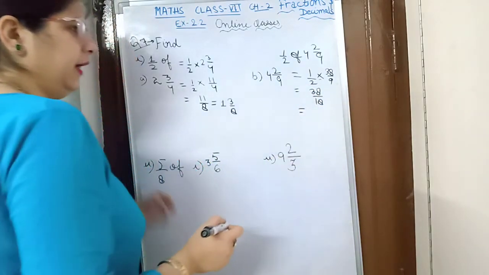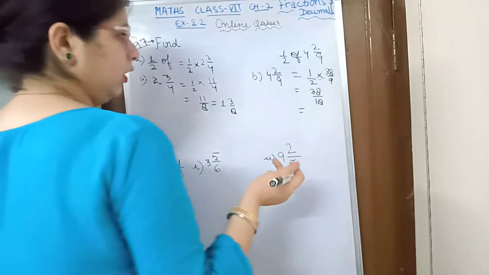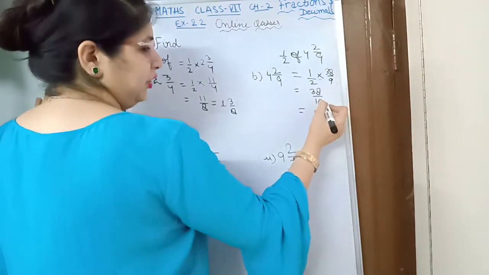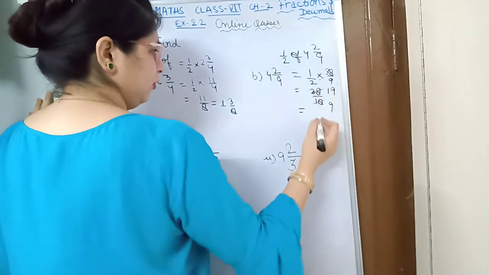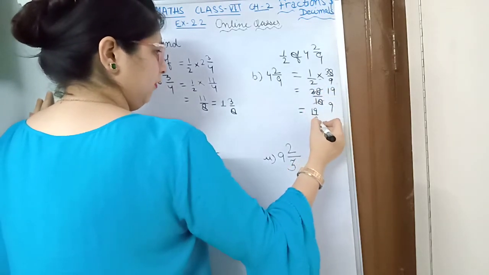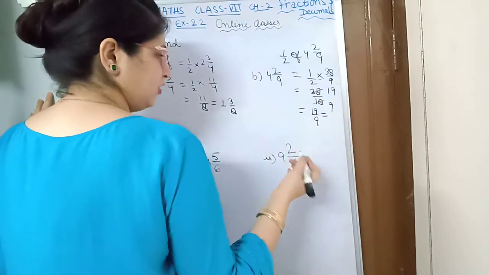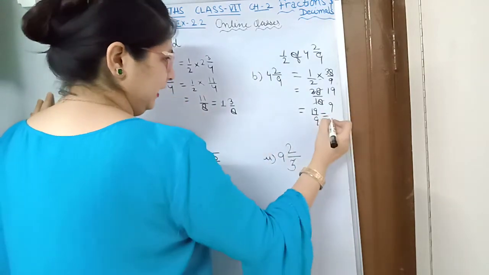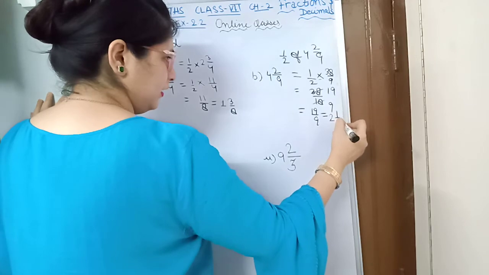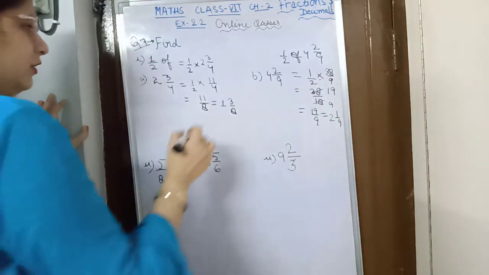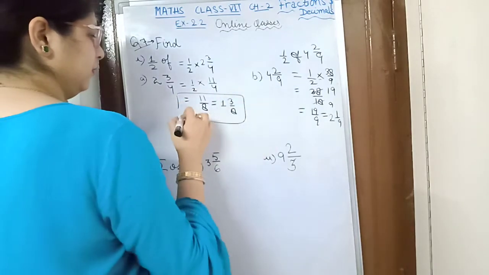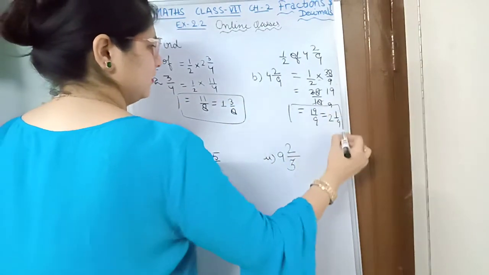Now it can be converted into lowest terms when we divide by 2: 2 9s are 18, 2 19s are 38. So 19 upon 9. Now when we convert this into mixed fraction, 9 1s are 9, 9 2s are 18, 1 upon 9 is the remainder. So 2 1 upon 9 is the answer. Okay, this is the answer and this is the answer.